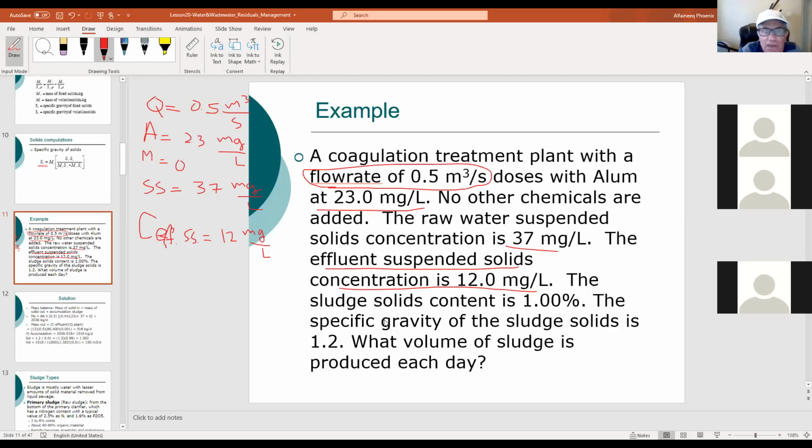The sludge solid content is 1%, a fraction, so can we write this as PS equals 1%? The specific gravity of the sludge solid only is 1.2. So is this SS?